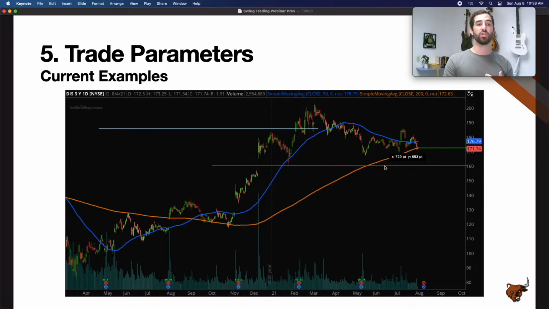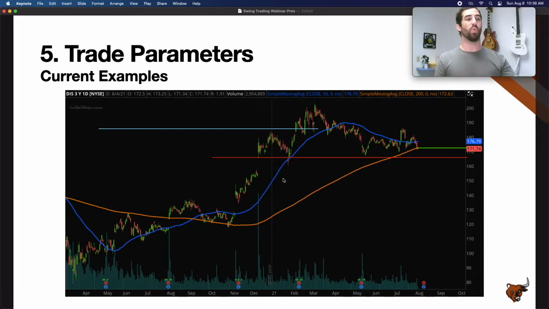If I had to choose, I would say it would be somewhere around here. Why? Because over here it gapped up, went up, came down, and confirmed a 50 MA, went up, and then came back down, and it so happens that it's the same level again.